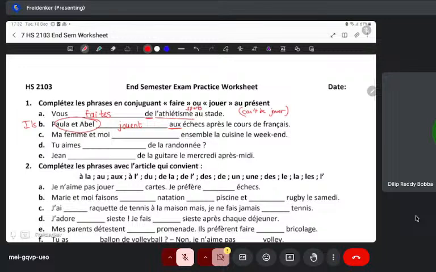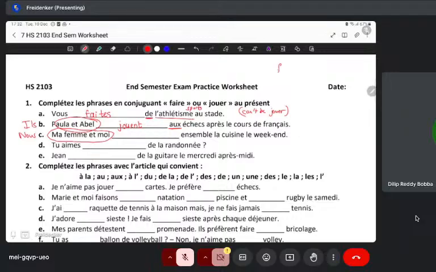Ma femme et moi. So first of all, just replace this with... no. Ma femme et moi means my wife and I. So basically we. So there is a fixed expression.